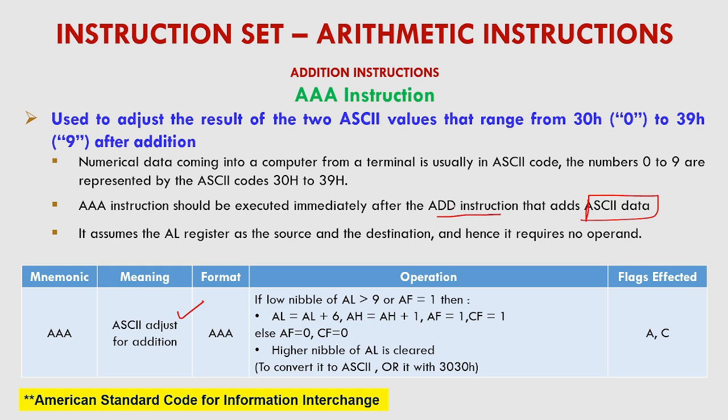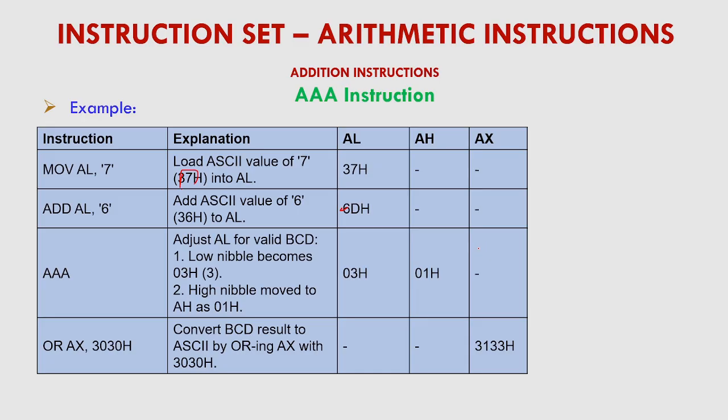If it is not a valid unpacked decimal number after adding these ASCII values, this adjustment will be made. Okay, this is what this instruction is doing. This condition you will not understand yet. I will explain the process in the program, then we will come to this condition, so that you can understand clearly.